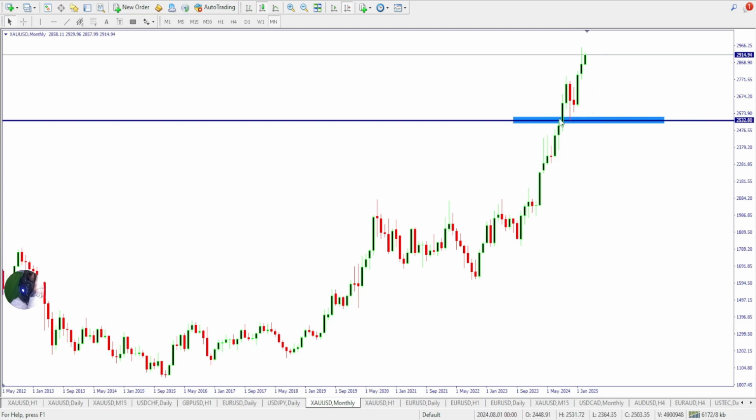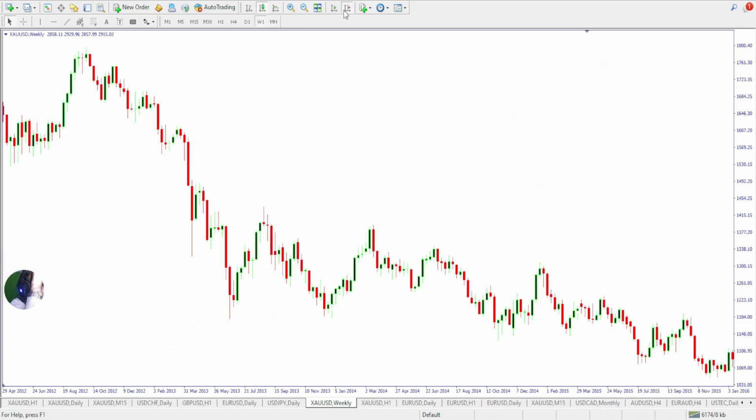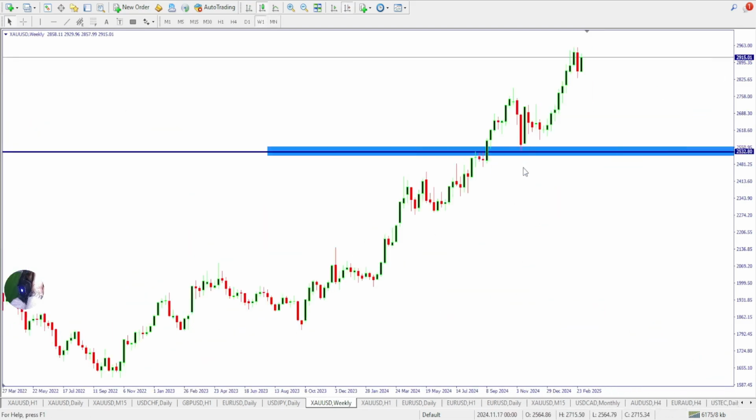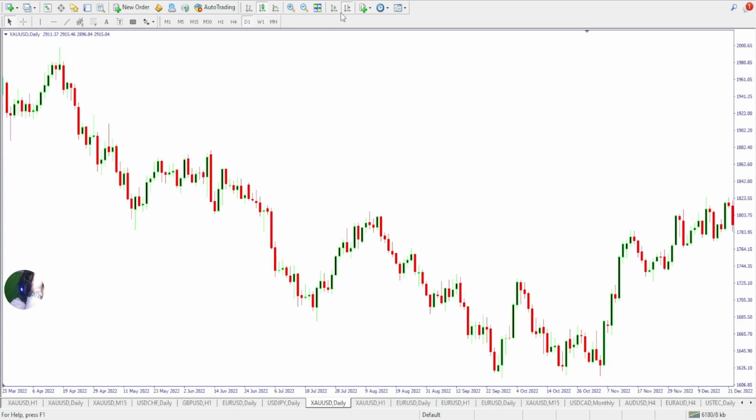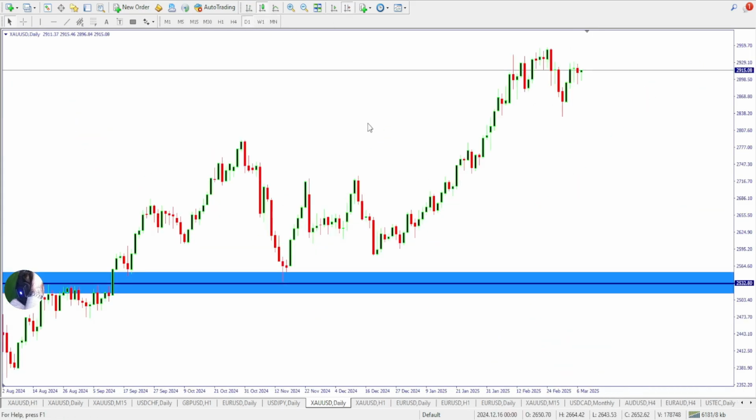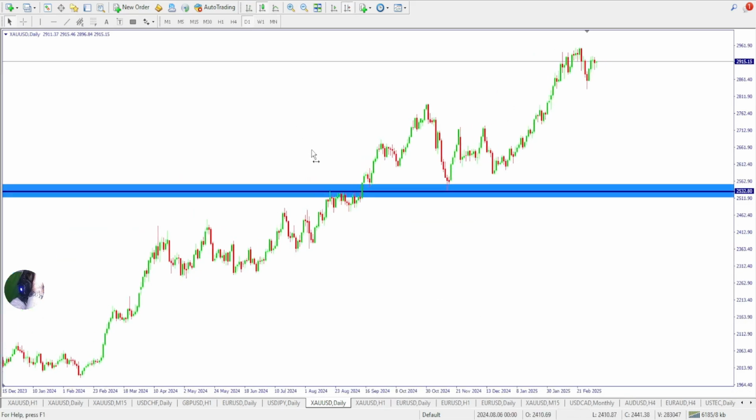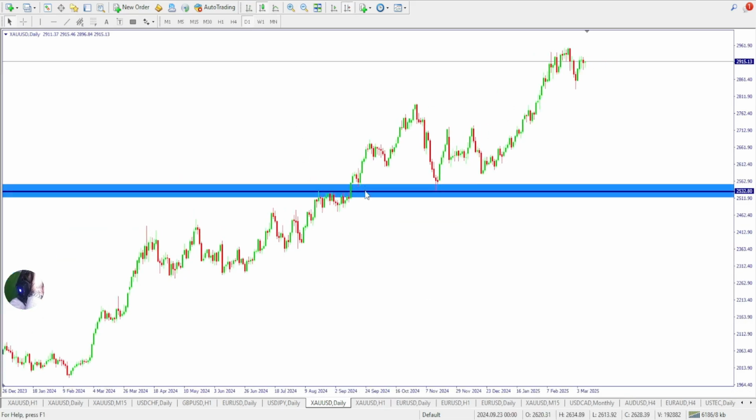So this is on a monthly, the recent support, and now if I see it on the weekly, it also shows a very nice support. But obviously these two time frames are very much long term, and I would like to focus on the daily time frame, because you see we have got very fantastic structures on the daily time frame as well.